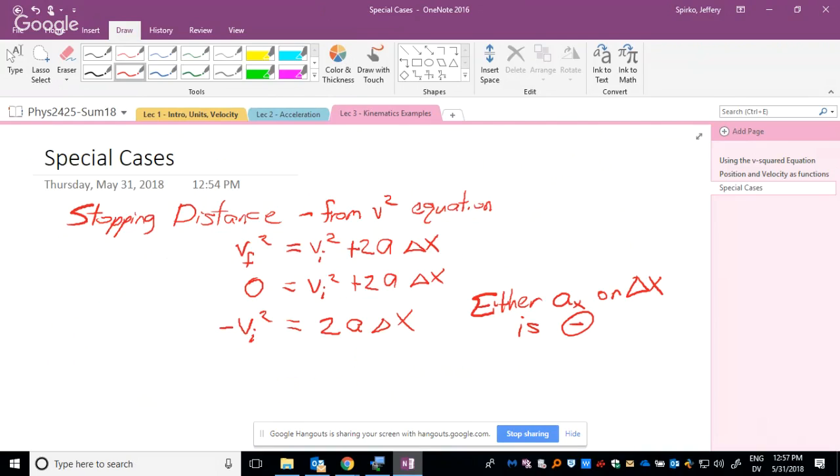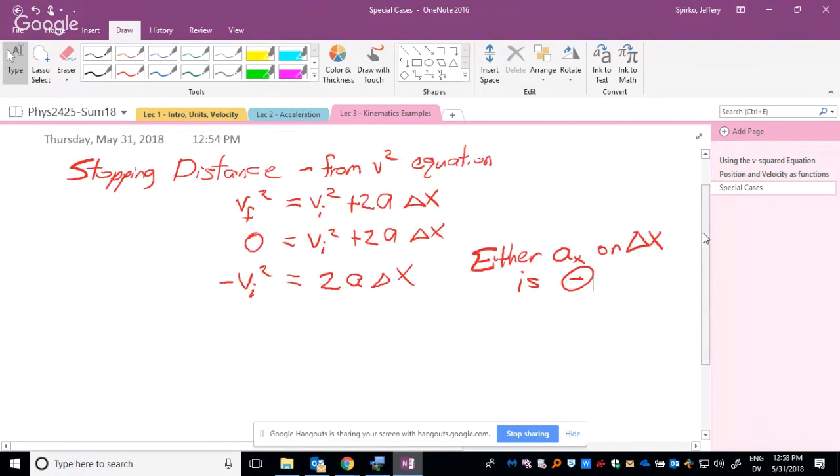On the other hand, if you have an object that is moving in the negative direction, then it takes a positive acceleration to make it stop. As long as the acceleration is opposite to the motion, you're going to make your object slow down, maybe stop. Now, when I use this in a practical calculation, I usually just say v squared is equal to 2a delta x.